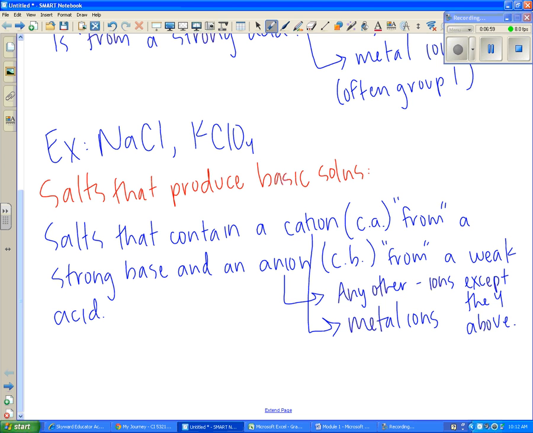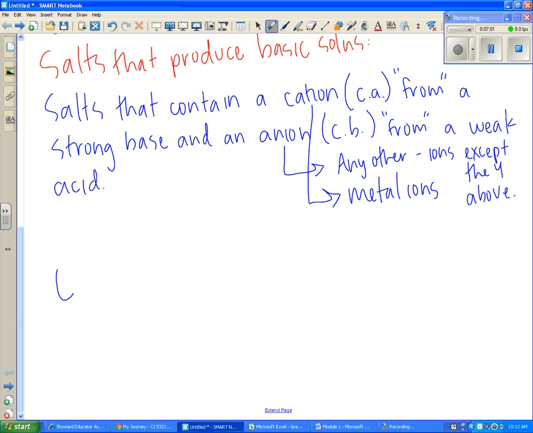So examples, something like sodium fluoride. We've got the metal ion and we have a negative ion that is not from a strong acid. Something like potassium acetate. We have a metal ion, we have a negative ion that is not one of the 4 listed above.